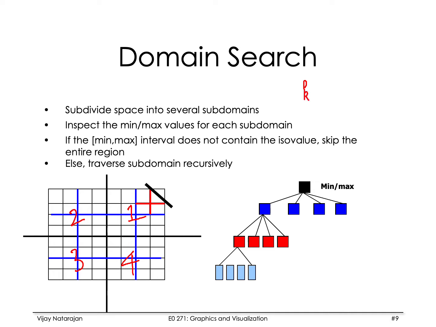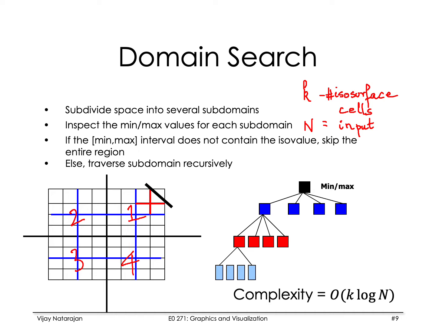If K is the number of isosurface cells, the cells that contain the isosurface, and n is the input size, the number of voxels, then it's easy to see here that the runtime complexity of this algorithm is O of k log n.